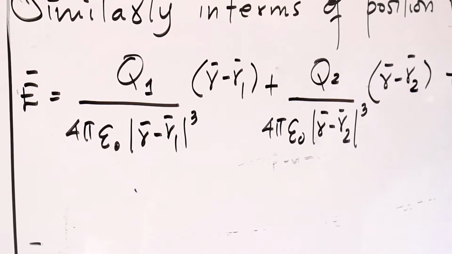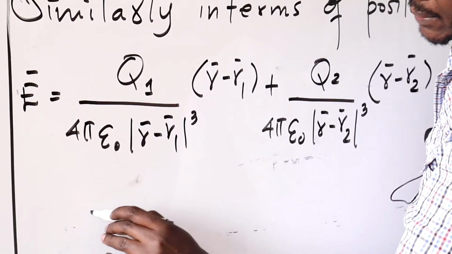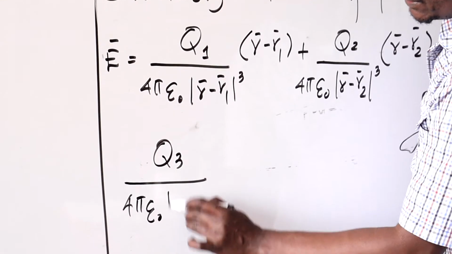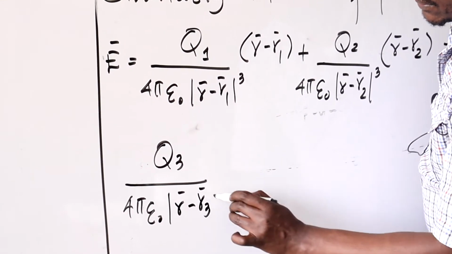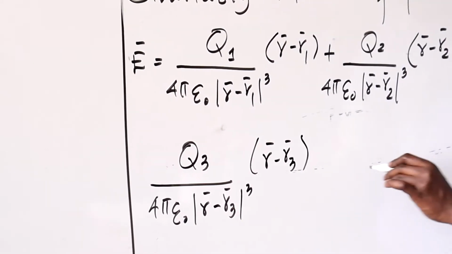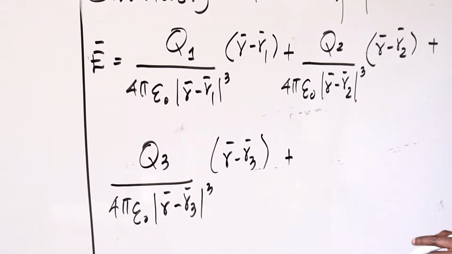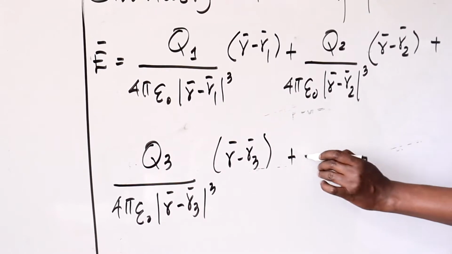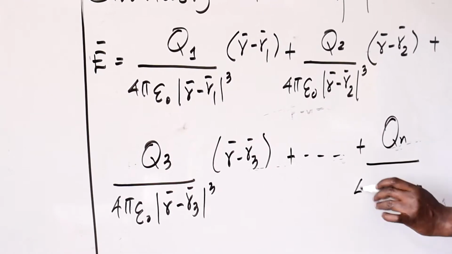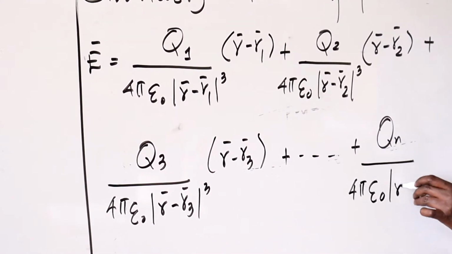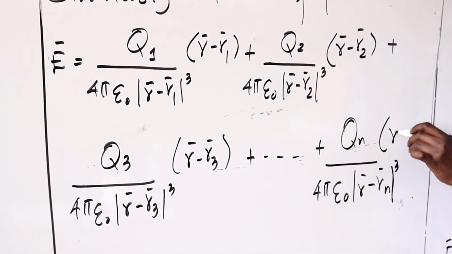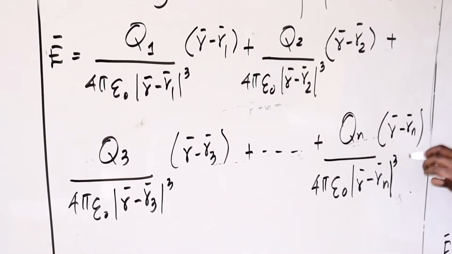plus say Q3 all over 4 pi epsilon naught, like so, plus up to Qn, like so.